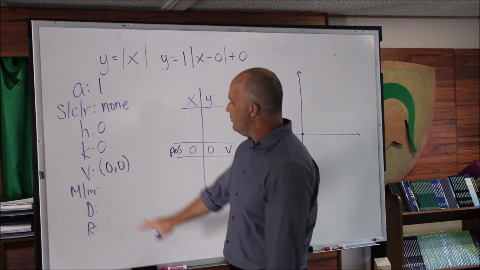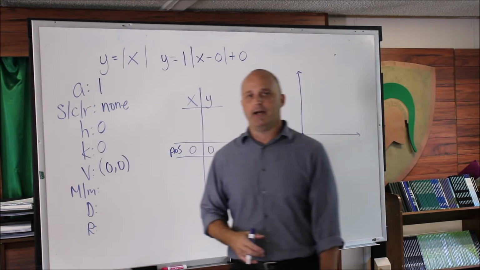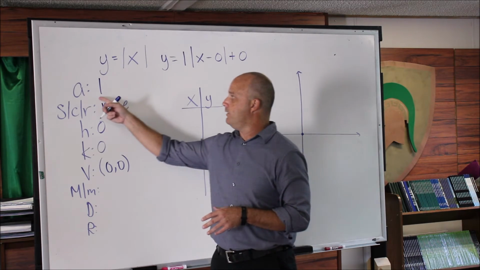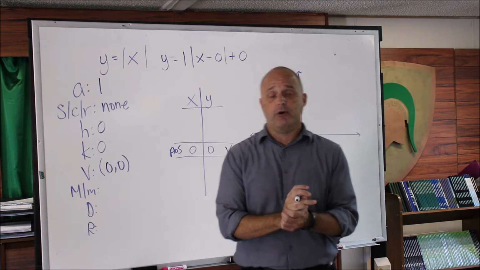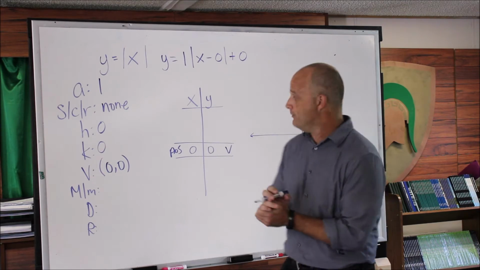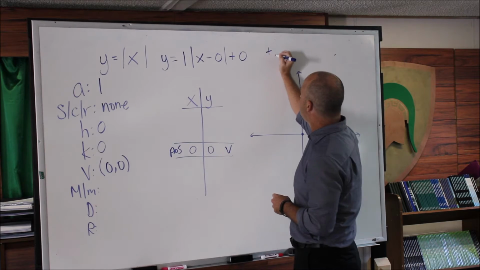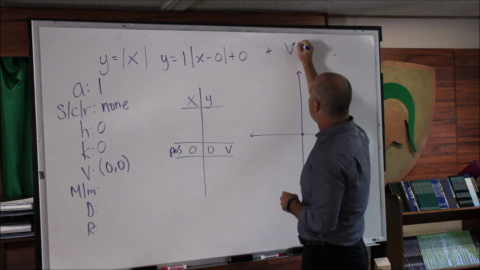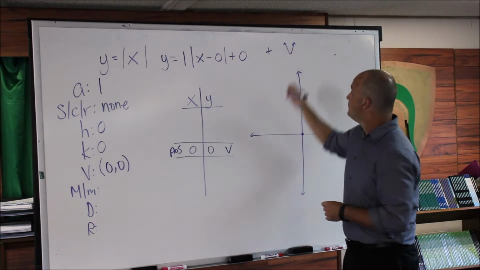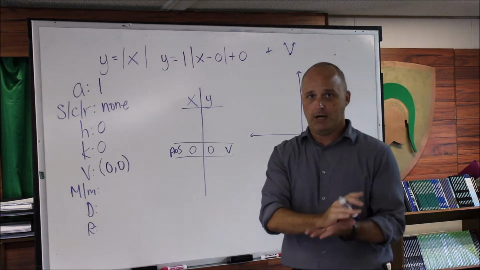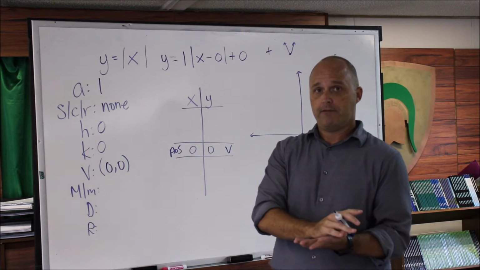The next thing I'm going to do is look at, do I have a maximum or do I have a minimum? Now, what happens is, whenever your a value is positive, you're always going to have a minimum value. Because what this means, if the a value is positive, your graph is going to open upwards. And so that means that your vertex is the smallest y value possible for your graph.